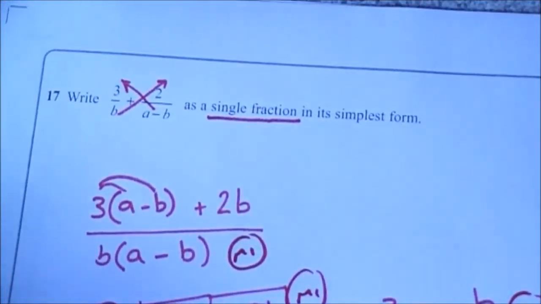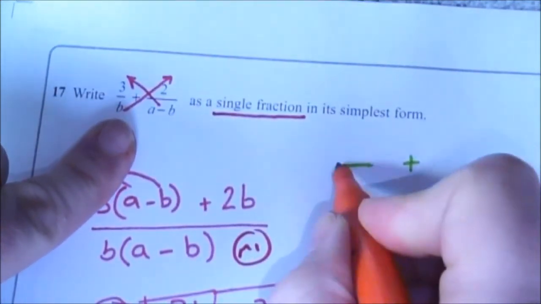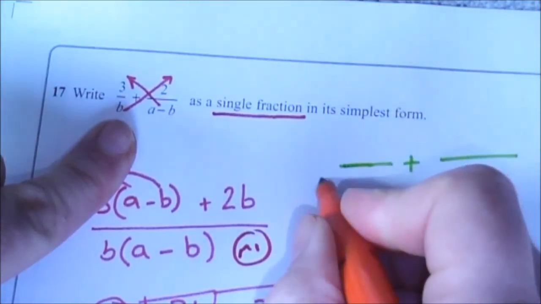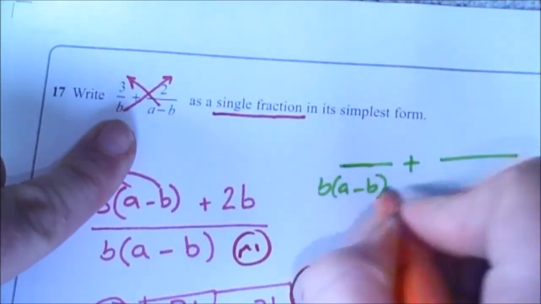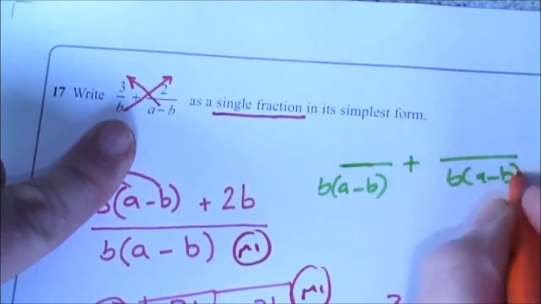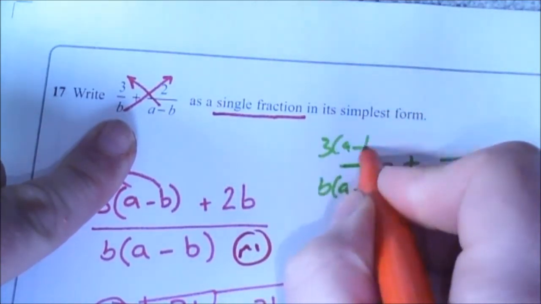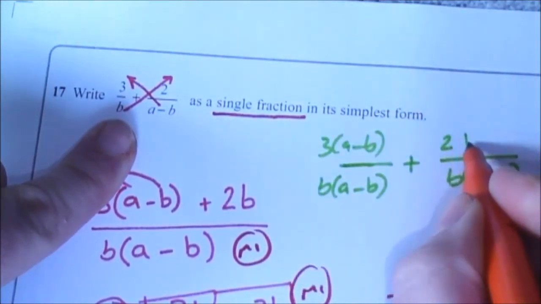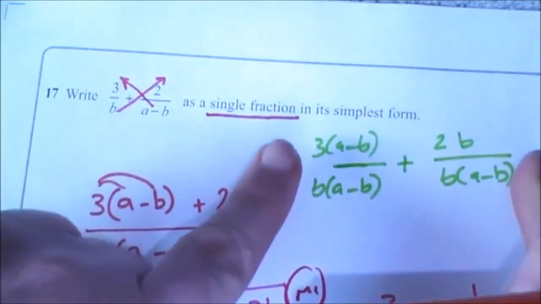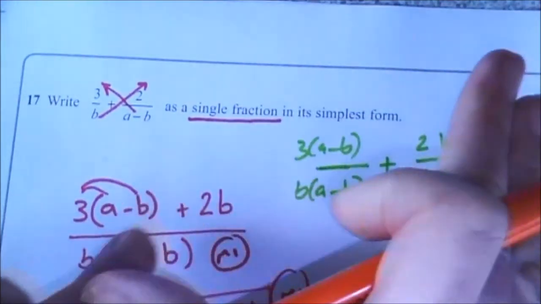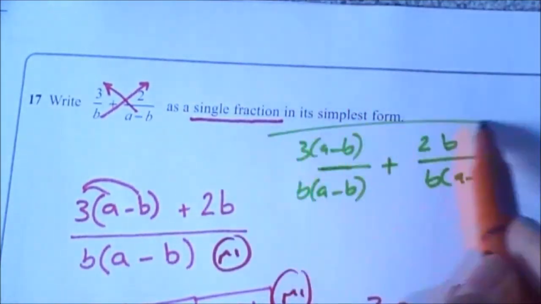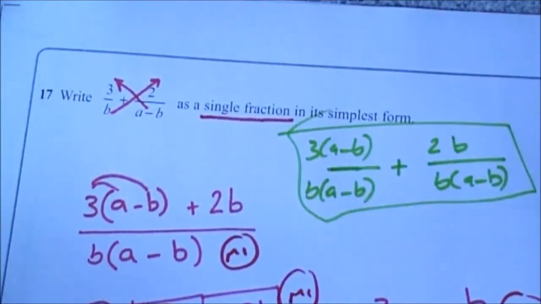If you had the step in, because you like to keep them as 2 individual fractions, so if you just showed it as 2 fractions still being added together, so 3(a minus b) over b(a minus b), 2b over b(a minus b), then that's fine. That step is the same as that step. I've just put mine together. All right, and that's the end.